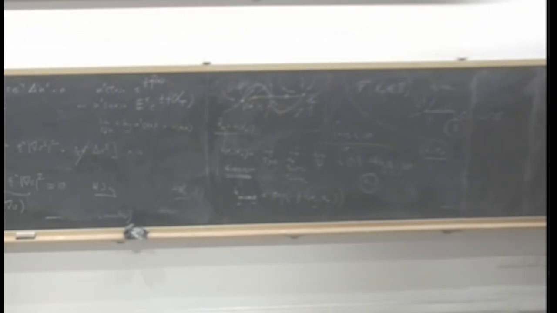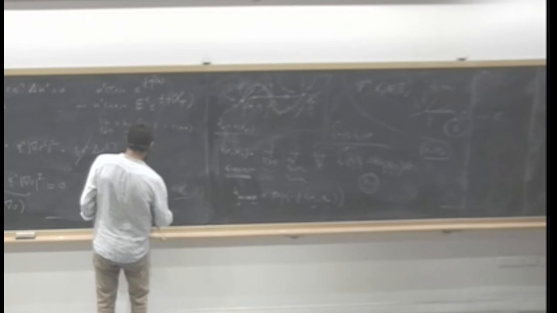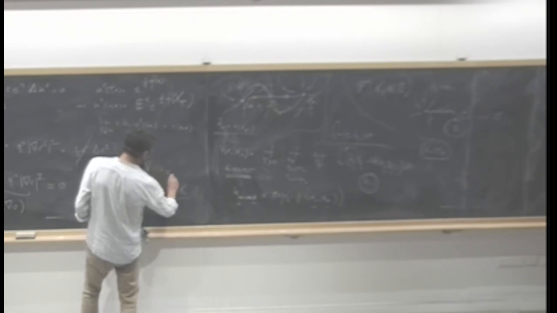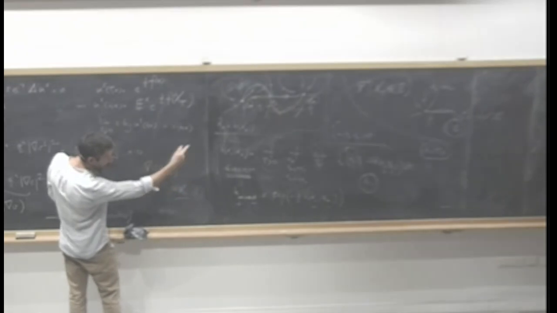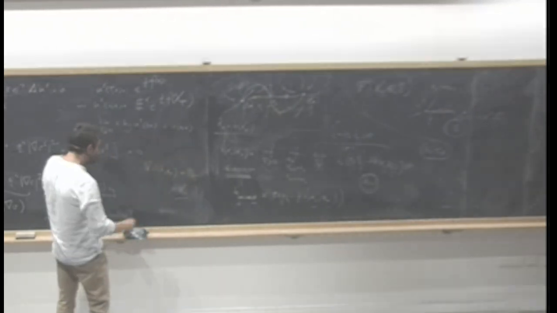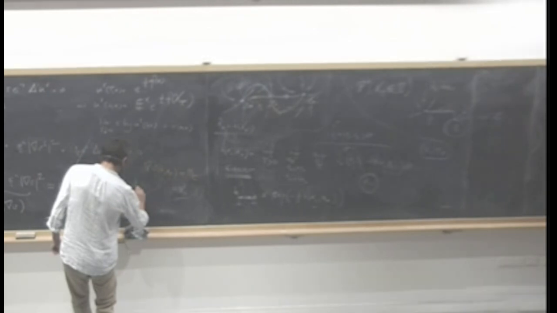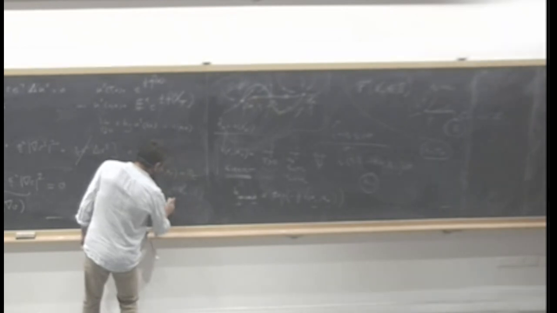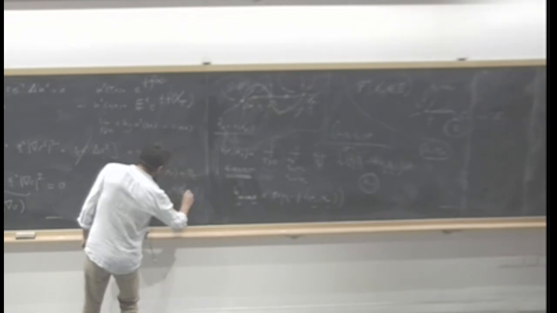What are the characteristics? The Hamilton's equations that we have seen before. And how do things vary along the characteristic? Let me write this here. Well, the gradient of v of t along the characteristic, where x t here is the solution of the Hamilton's equations, is theta t. And along the characteristic, this guy just reduces to 1/2 sigma squared.